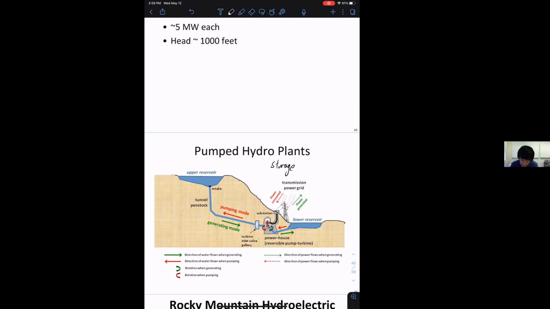The scale of this is something in the gigawatt range. We'll build pump hydro plants in the gigawatt range because water has a very high density. It's a heavy substance, so it stores a lot of potential energy.